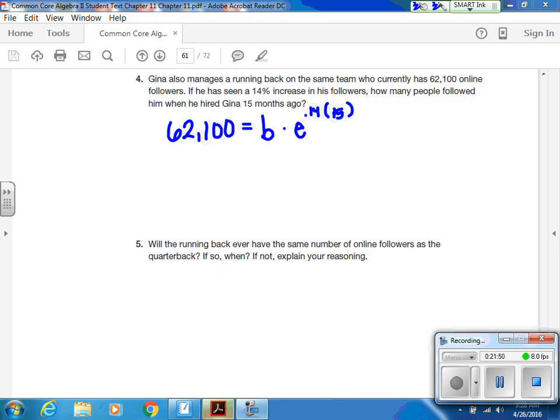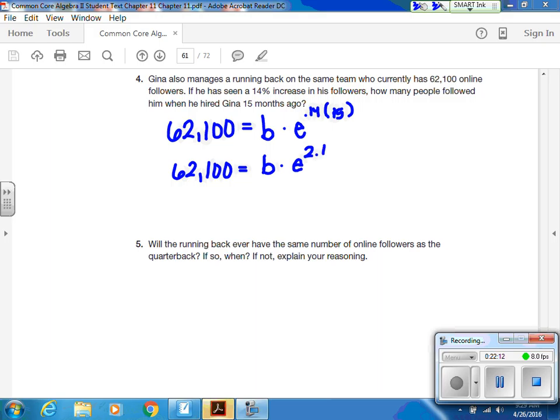So 0.14 times 15 is 2.1. I'm looking at 62,100 equals B times e to the 2.1.